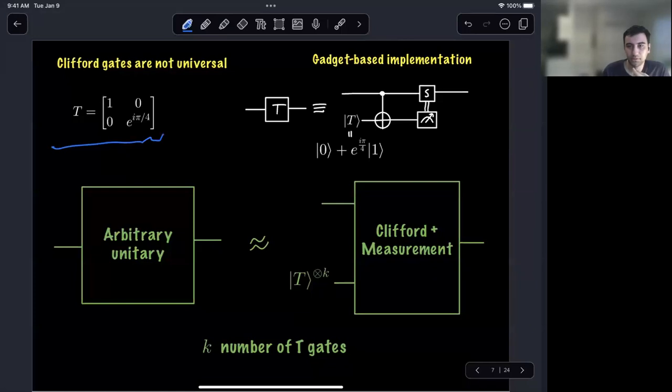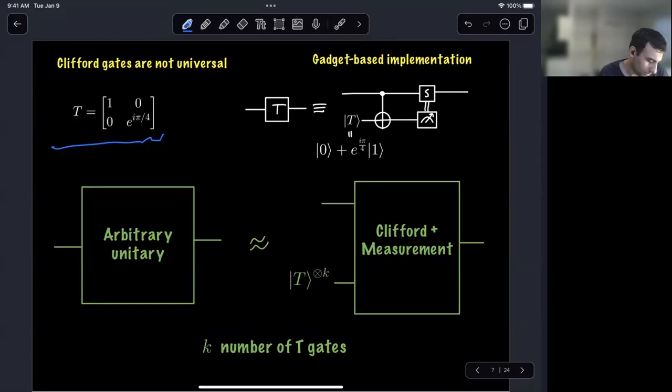And you can check that you cannot even approximate these T gates with the Clifford group, so the Clifford group is not universal. Although you cannot approximate these T gates with the Clifford group, there is something called gadget-based implementation, or teleportation, of this T gate that looks like Clifford operations, and it's as follows.